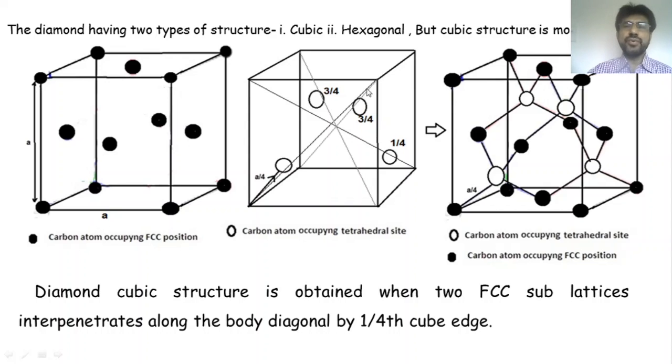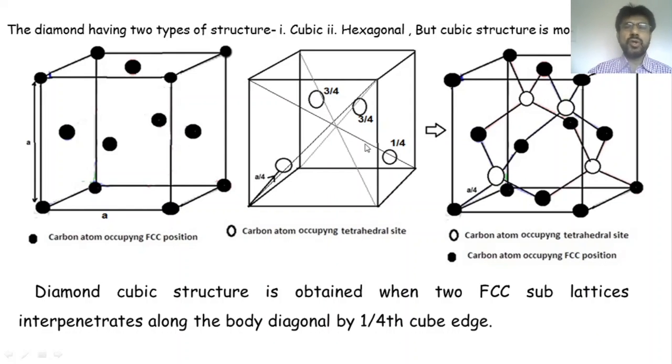Similarly, if we connect these two corners, the atom located on this diagonal is at 3/4 of the edge of the unit cell from this point here.